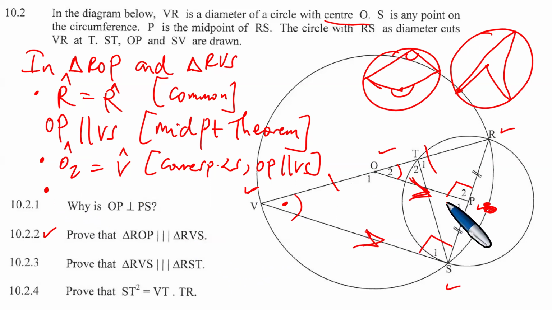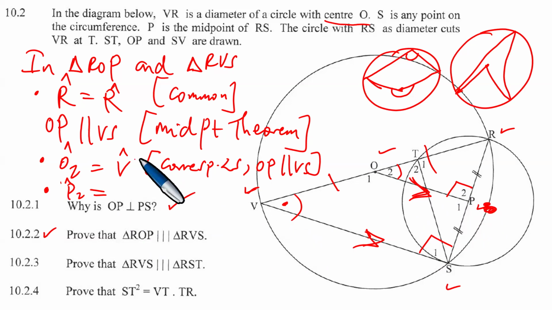So now we have the angle P2. We want to prove that this angle is 90 degrees, because this angle P2 is the one that we said is 90 degrees. Why is this? That's why the examiner asked this question, why is OP perpendicular to PS? Why is it perpendicular?